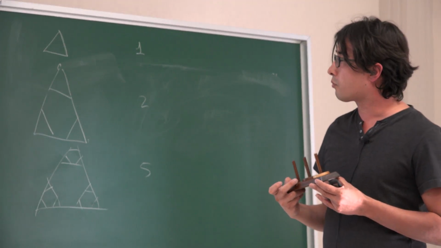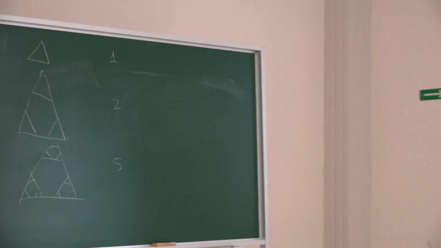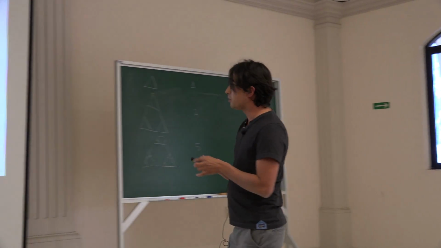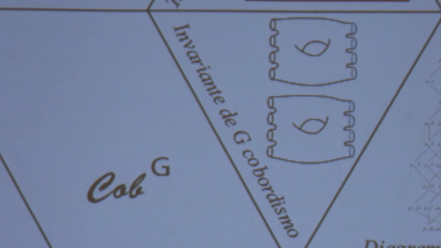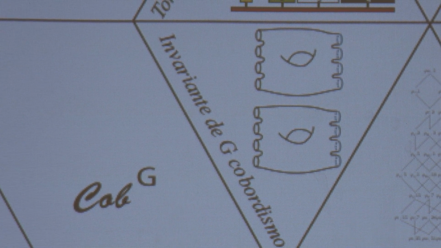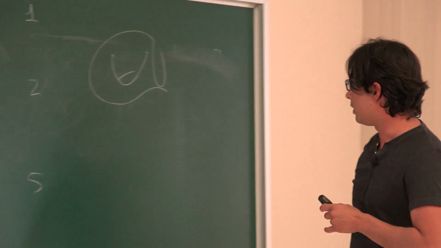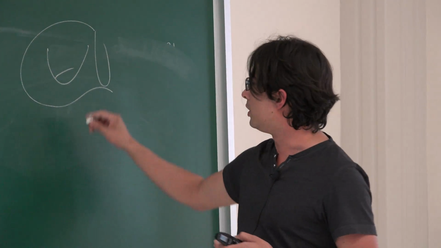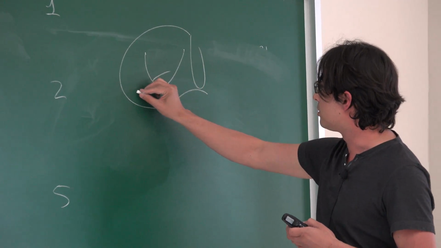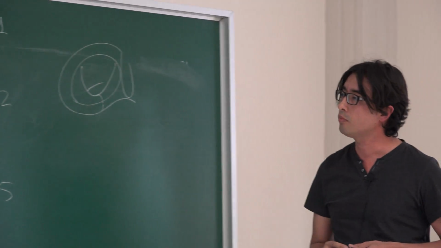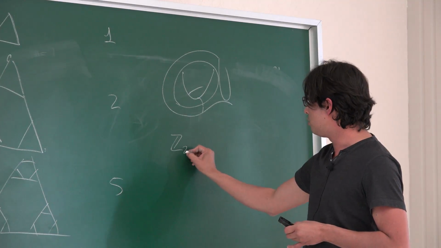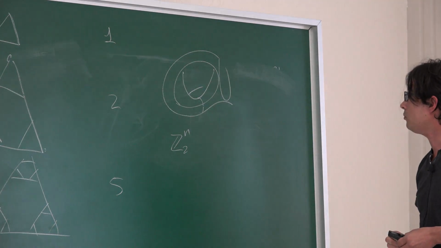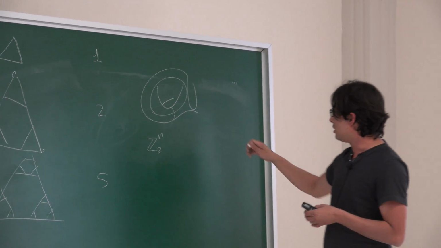And the last one is with categories. You have 2 generators, and you take elements in Z2^n.